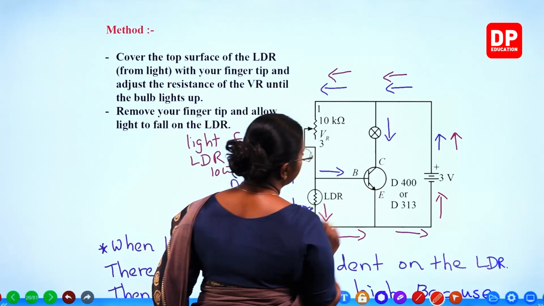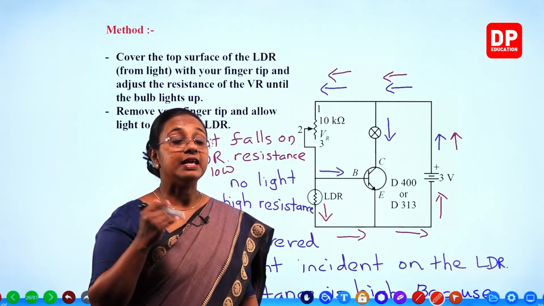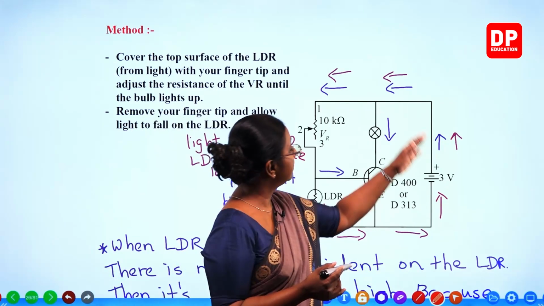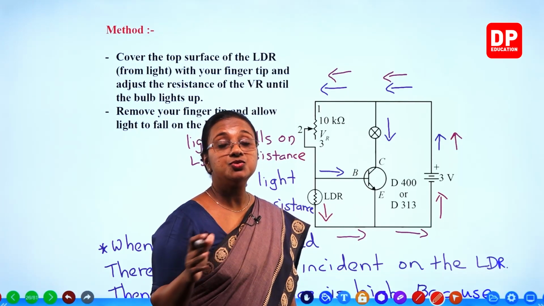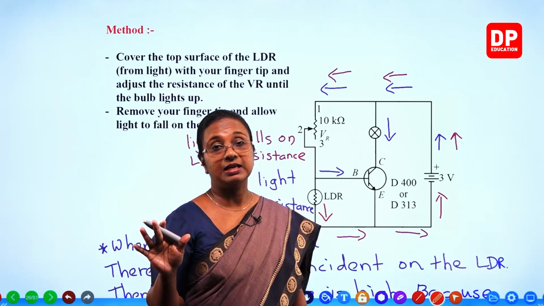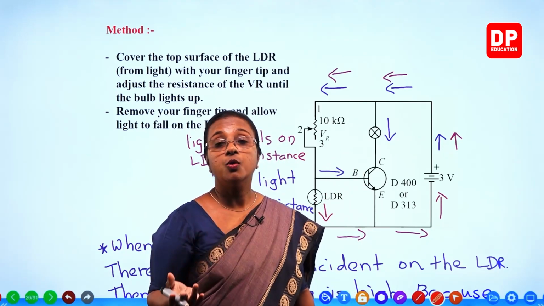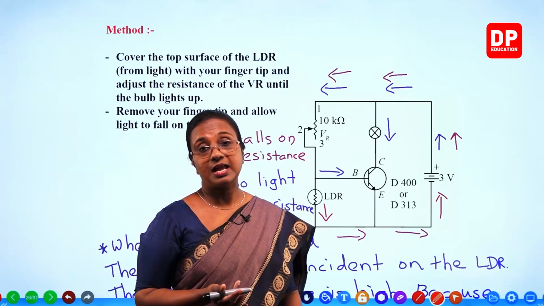There is no current through the base of the transistor. And if there is no current flowing through the base of the transistor, will there be current flow through the collector? No. There is no current flow through the collector. So then the transistor acts as an open switch and the bulb does not light.